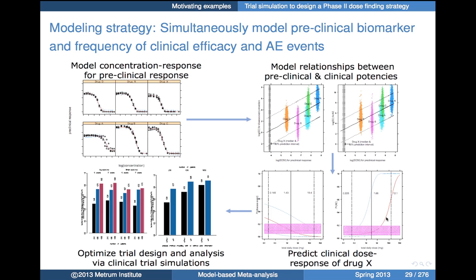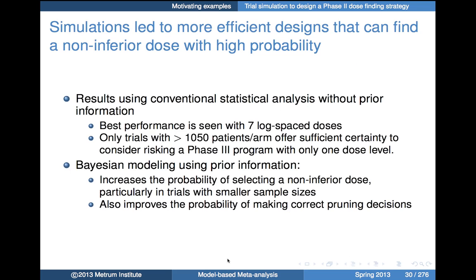And we used the model developed in that fashion to simulate clinical trials and to evaluate the performance characteristics of various clinical trial designs. In this case, we argued that the simulations led to more efficient designs that can find a non-inferior dose with high probability, or at least higher probability.